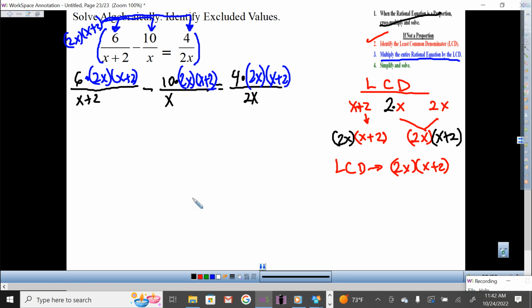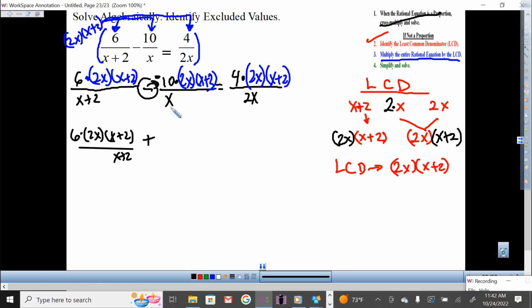Now check this out. I'm going to go one step here because this is a subtraction. This needs to be what? Addition. That means we distribute that to the 10. So I'm going to write 6 times 2x times x plus 2 over x plus 2.